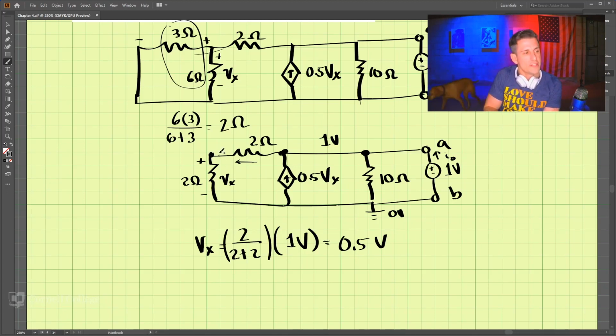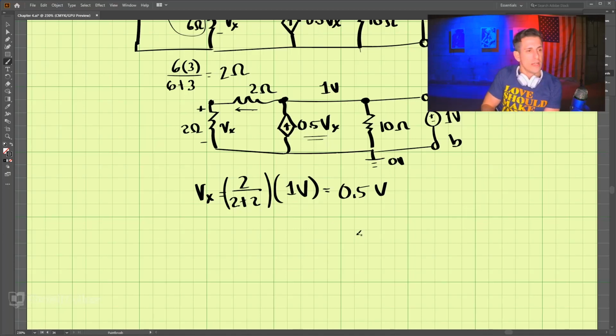So if we know that this is 0.5 volts, then we know this current here. So let's do KCL up here. And let's label some of these. We'll call this I1, and we'll call this I2. So in minus out.